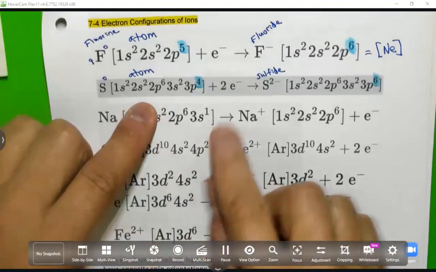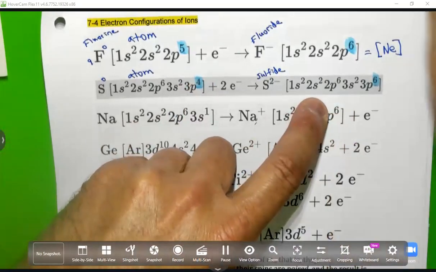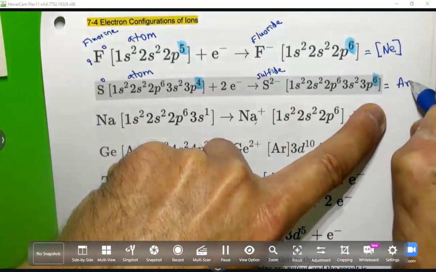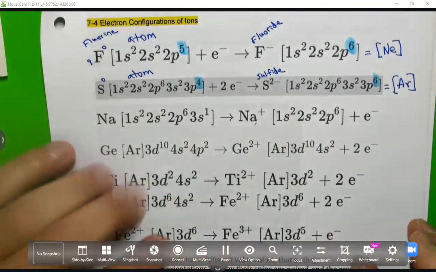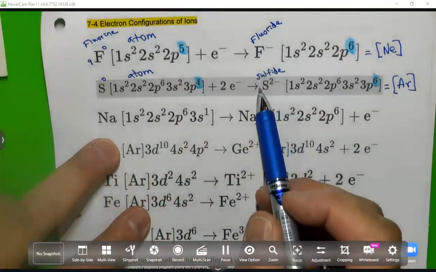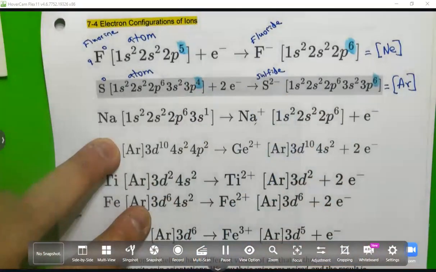The sulfur atom adds 2 electrons. What do we get? Sulfide. What is the noble gas configuration it makes? Argon. These would be about double the size. You're making negative ions, generally double.